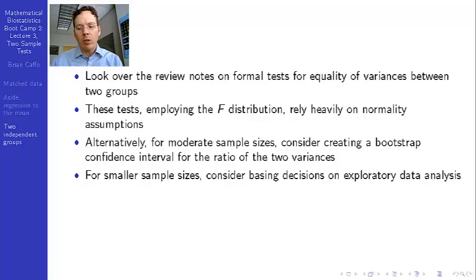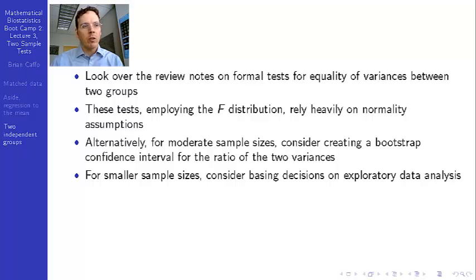I never liked that kind of recipe approach to statistics. First of all, these tests aren't very good. They rely on the F distribution. They're heavily dependent on the normality assumption. So I would say just do a bootstrap. If you want to test equality of variances, do some sort of bootstrapping, resampling type thing.